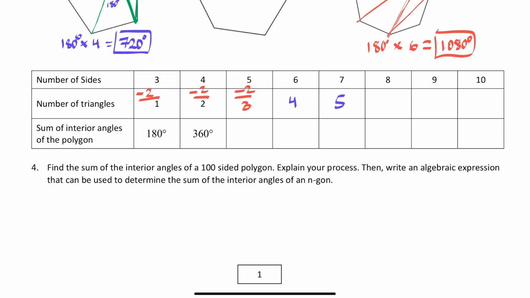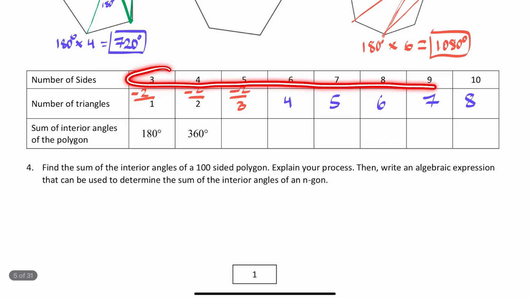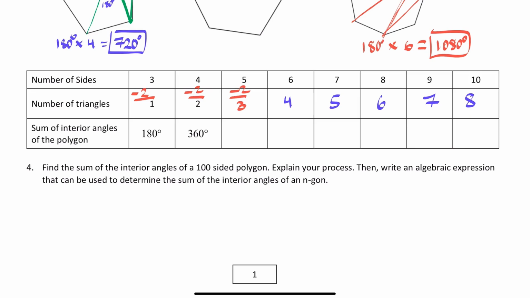And what we're talking about is triangles, that's how many triangles. 6, 7, 8. Once again, this is the amount of sides you are given in a shape. The triangles that show up inside are always minus 2, minus 2, minus 2. And just to remind myself, triangles 180 degrees.